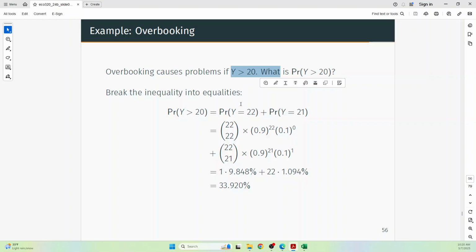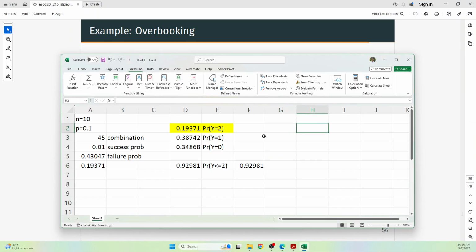That means we have 22 reservations, but the capacity is only 20. So if 21 people come to the airport, then you are in trouble. Then you may calculate the probability like this.